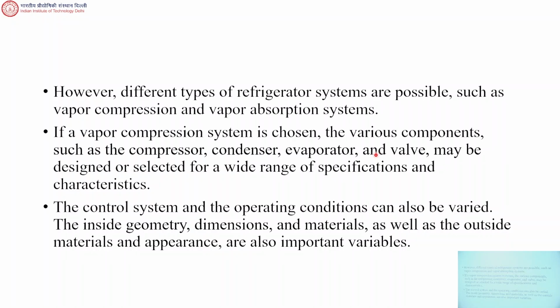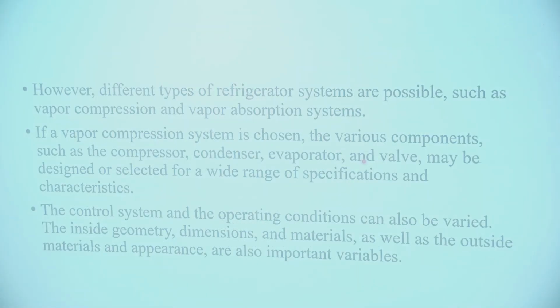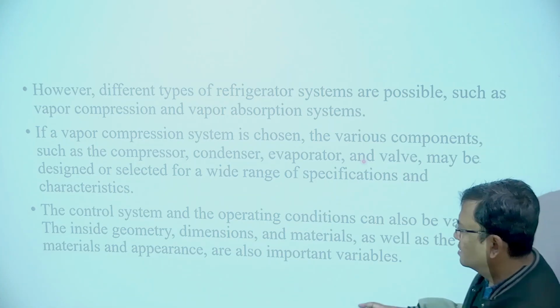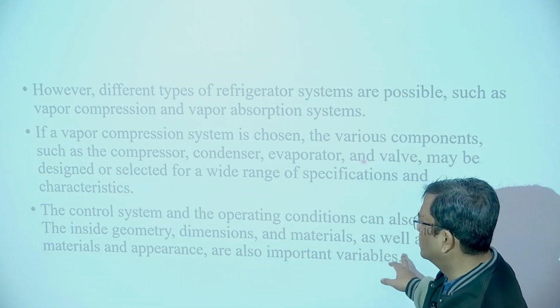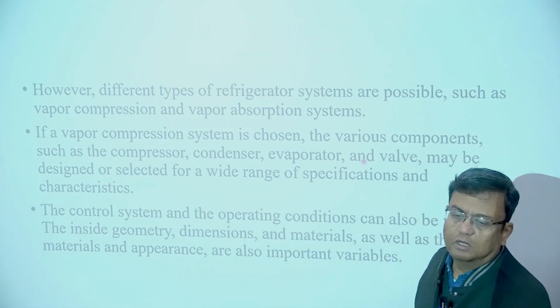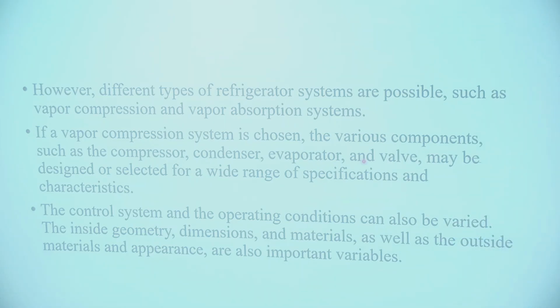There also has to be a control system in a refrigerator, to control the flow of the refrigerant and things like that, and the compressor performance. So you require all these things. The control system and the operating conditions can also be varied, and the inside geometry, dimensions, and materials are all important variables.